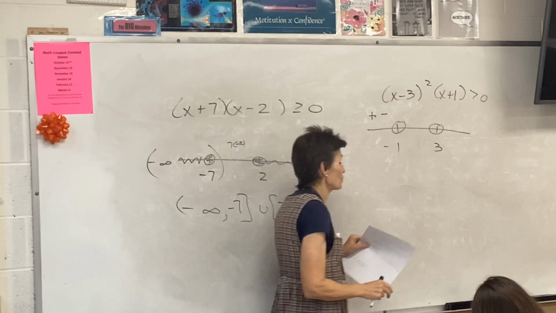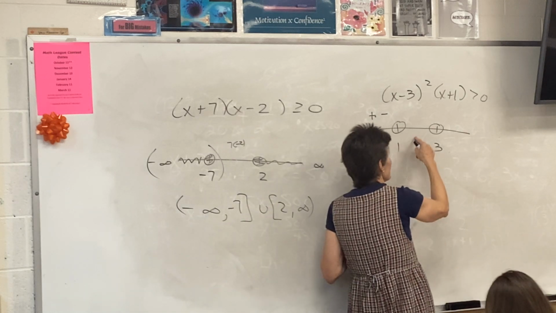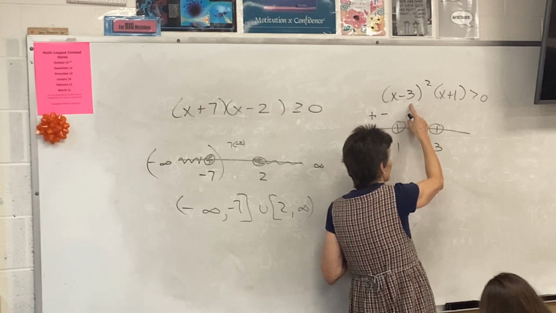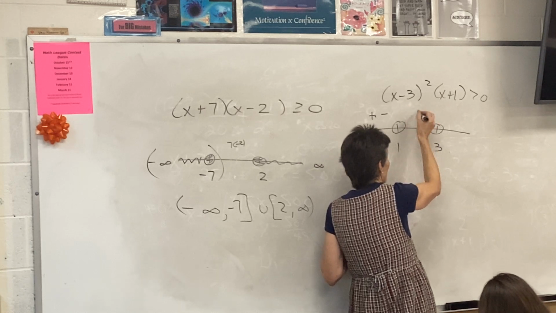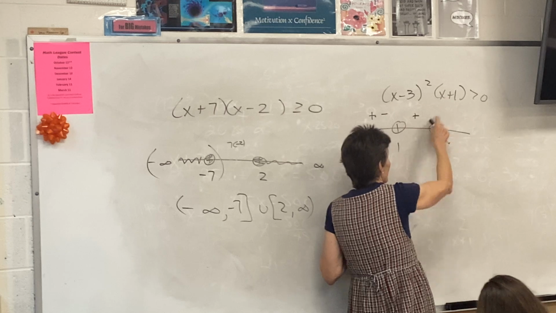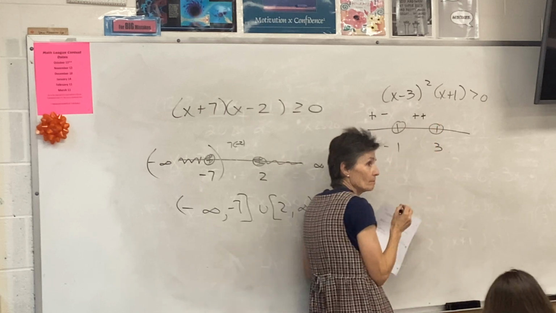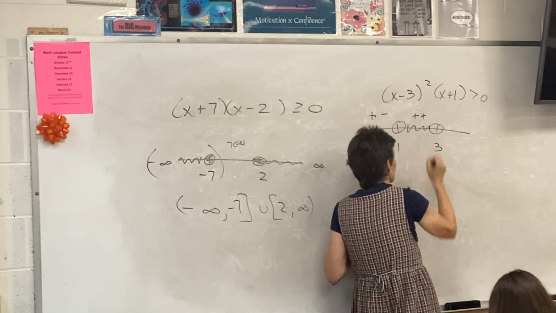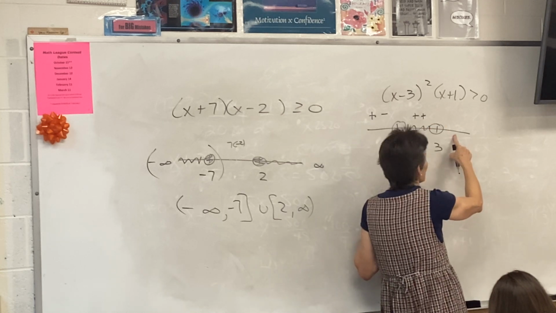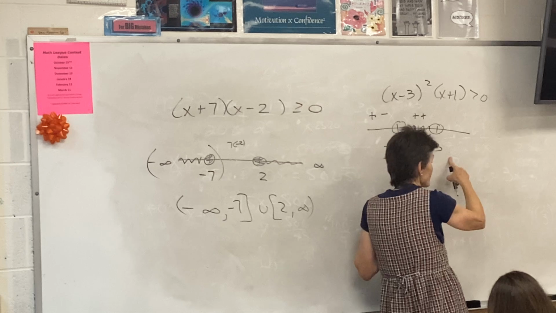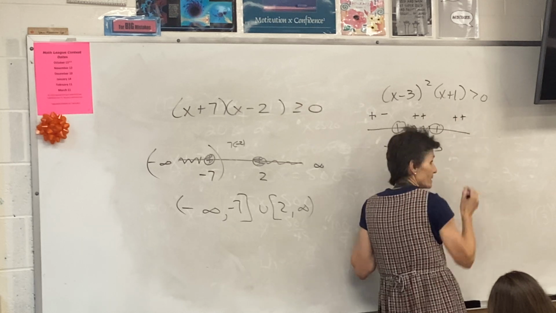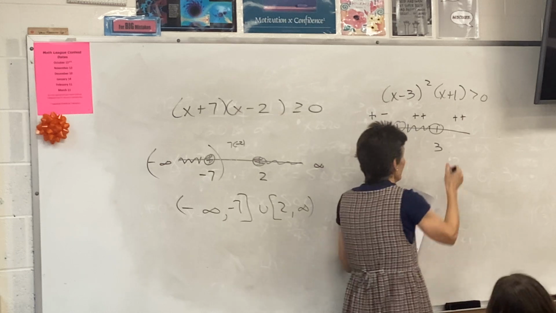No. Nope, don't shade. All right, I'm going to try 0. 0 minus 3 is negative 3, but squared is positive, and 0 plus 1 is positive. Does that work for me? Shade it. Try 4. 4 minus 3 is 1, squared is positive. 4 plus 1 is positive. Does that work? Yes.